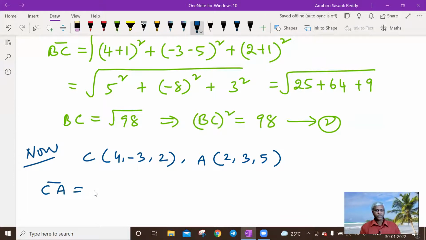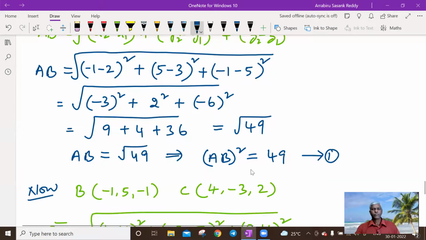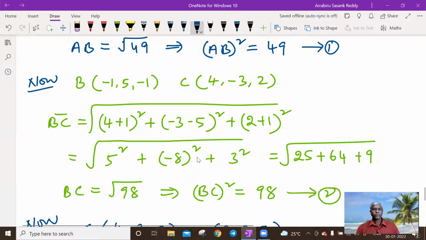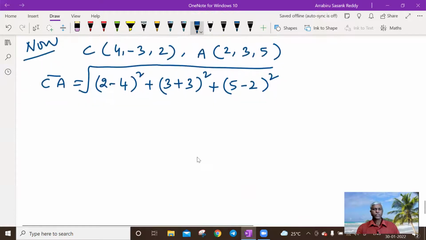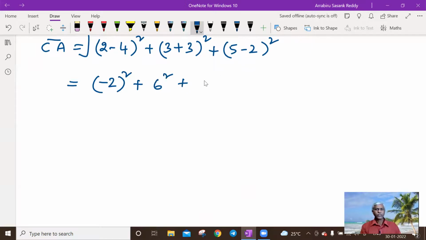CA: 2 minus 4, x2 minus x1 whole square; 3 minus minus 3, so 3 plus 3; z2 minus z1 whole square is 5 minus 2, all under root. 2 minus 4 is minus 2, 3 plus 3 is 6, 5 minus 2 is 3.